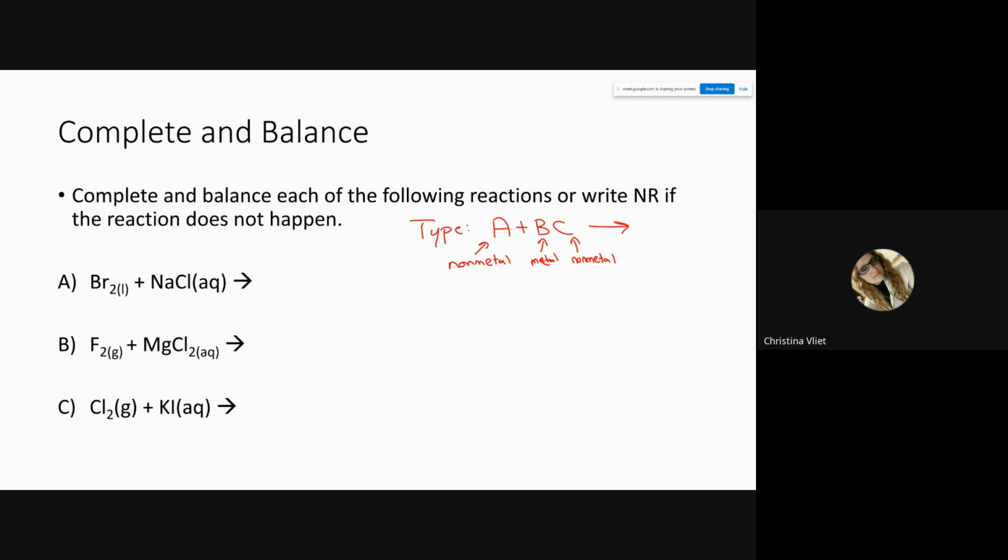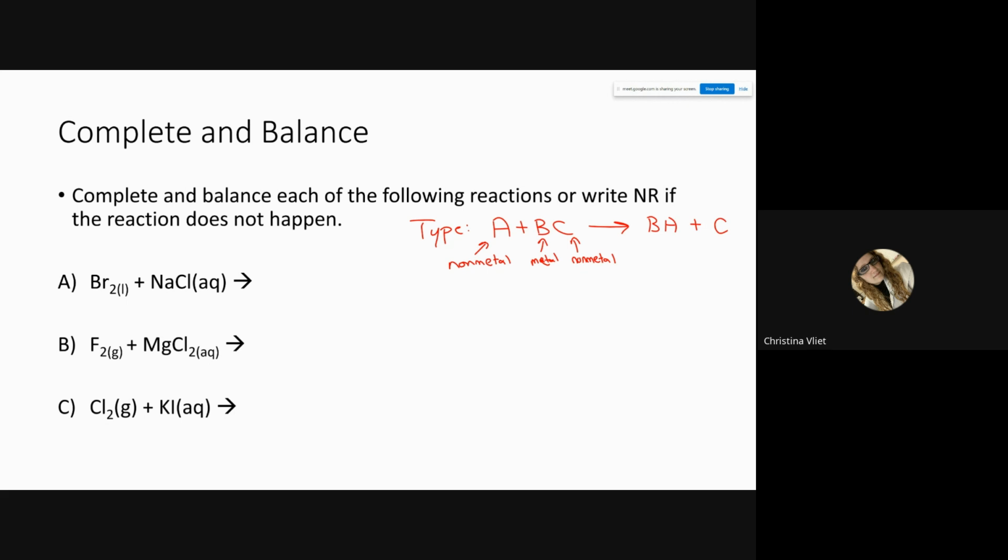What would A kick out if the reaction happened? So it's technically BA, plus C gets kicked out, if the reaction happens.